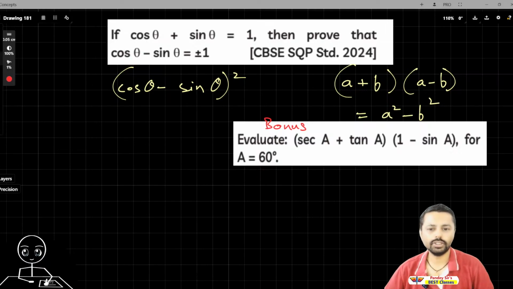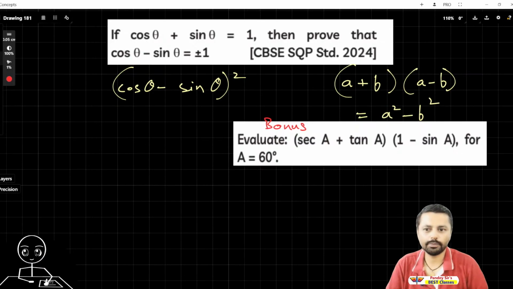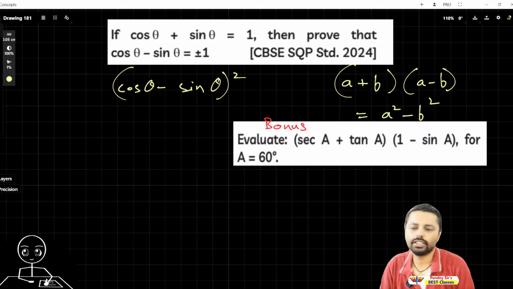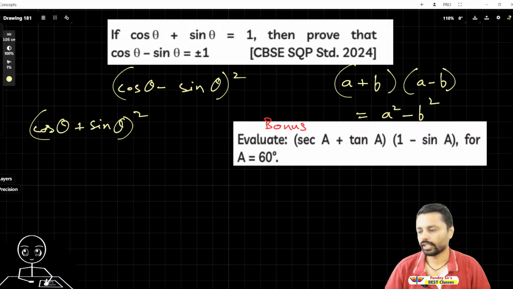See, I'm thinking of a few steps. Here, if we take cos theta plus sin theta whole square, it will become like (a plus b) whole square, and we'll get a square plus b square plus 2ab.